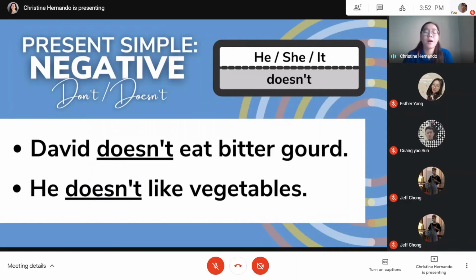So earlier we discussed that doesn't is made up of two words, right? It is made up of the word does and the word not. Does is actually the modified form of the verb do. So we just added es at the end of do to make it agree with the subject it pertains to.